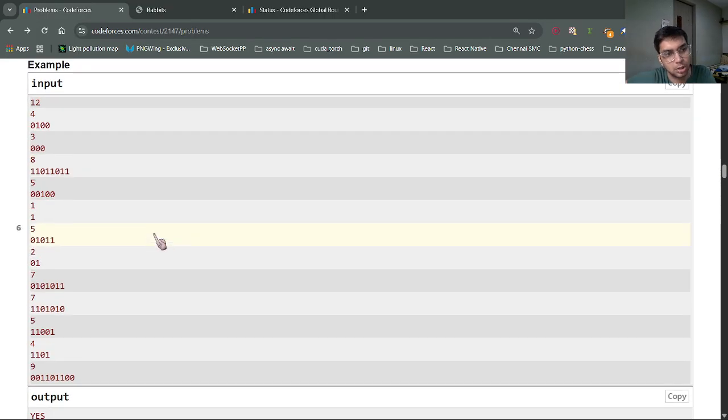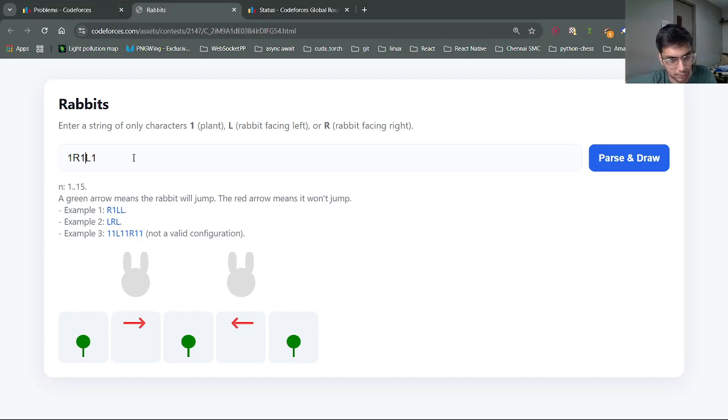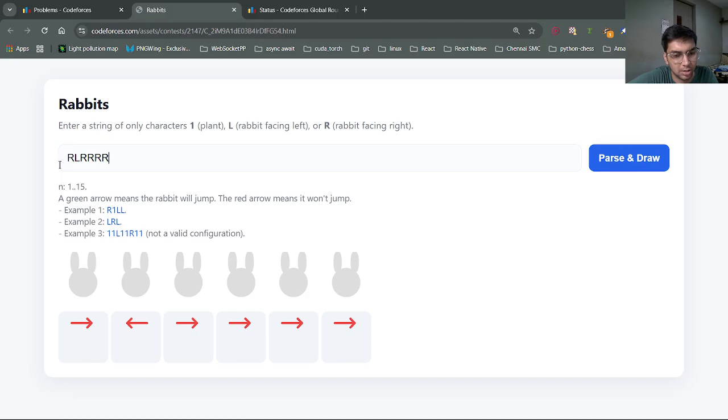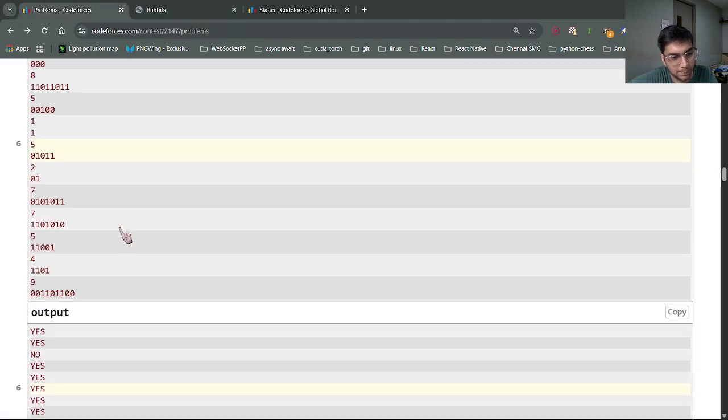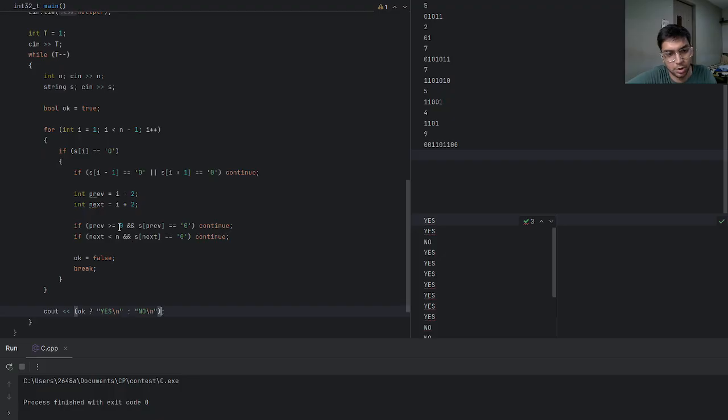And now, are these the only cases? Are you sure? Because we only have to focus at one, because if there are n number of rabbits together, they will not jump, right? If there are two rabbits, they will not jump. If there are more rabbits, they will not jump in any configuration actually, because there is a rabbit already, right? So it will not jump. So two cases sorted.